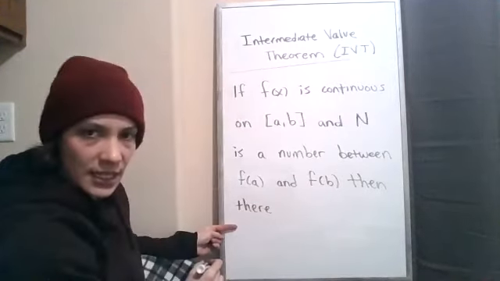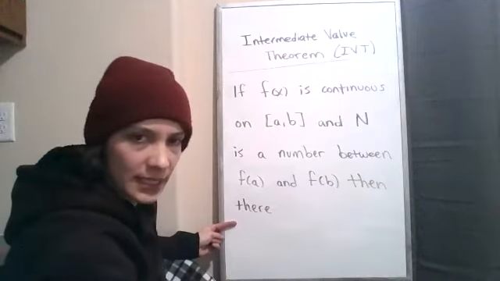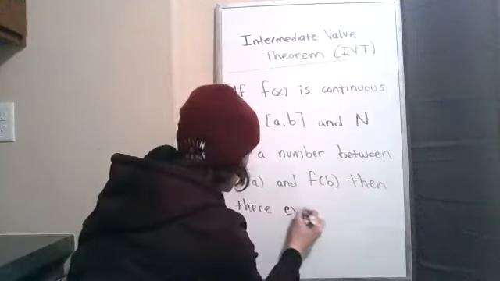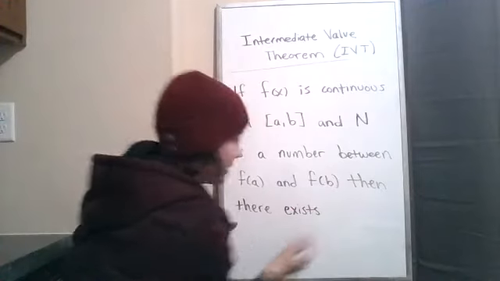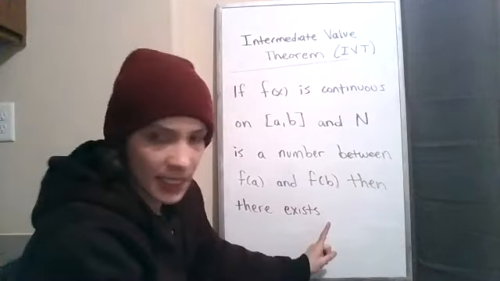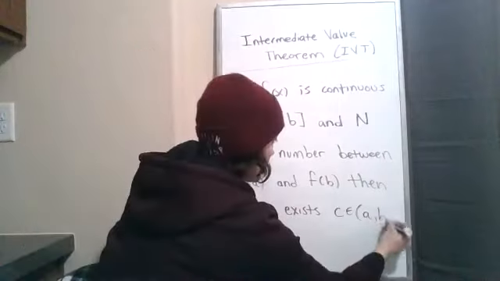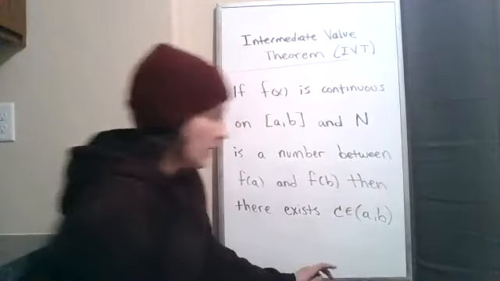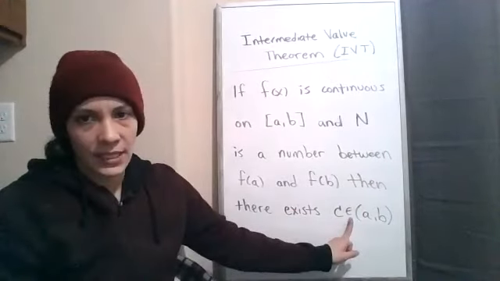Actually, let's write then there exists c, and it's in this set, the open interval from a to b. So we're going to put c exists in the interval from a to b. c exists in the open interval from a to b such that f of c equals N.